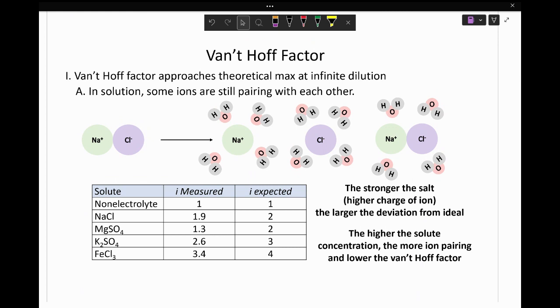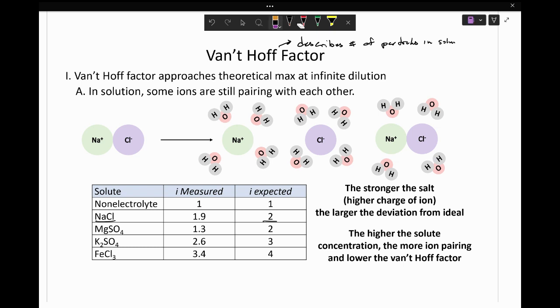In an ideal case, something like sodium chloride, when it dissolves in solution, should have 2 particles, 1 sodium and 1 chloride. So ideally, the Van't Hoff factor describes the number of particles in solution.